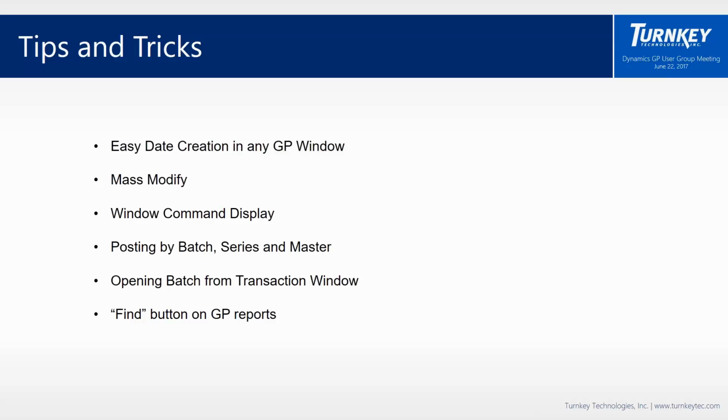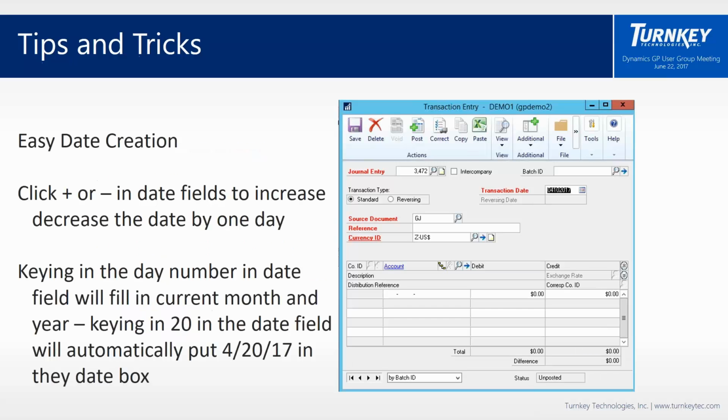I'll go through some of what I'm going to talk about: easy date creation and ending a GP window, mass modify, the window command display so everybody knows the different displays, posting by batch, series and master, opening a batch from a transaction window, and the find button on GP report. These are just little things to help you save a couple of strokes.